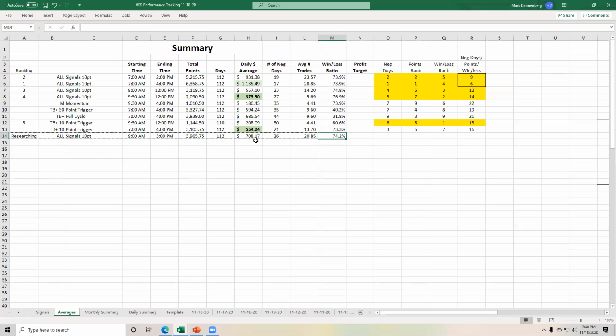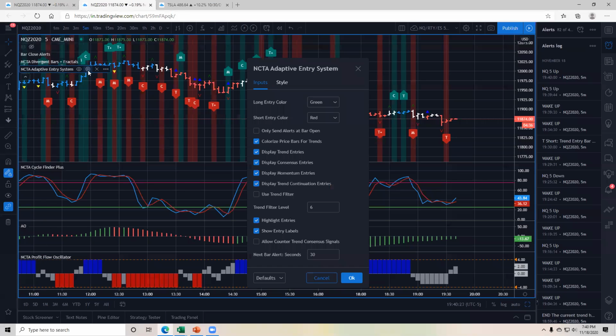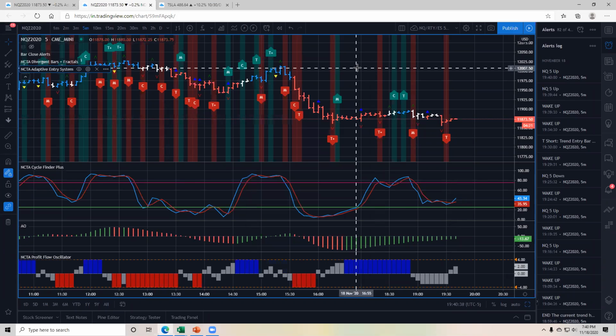Bruce is saying at the moment your chart seems to be showing a trend bias short. My red bar is on, but not showing a T. So you just need to go to your AES settings and check the box next to display trend entries. Check that, Bruce, and see if that's unchecked. If you check that, that will take care of the problem. And you access that by looking for your NCTA adaptive entry system in the upper left-hand corner of your chart.